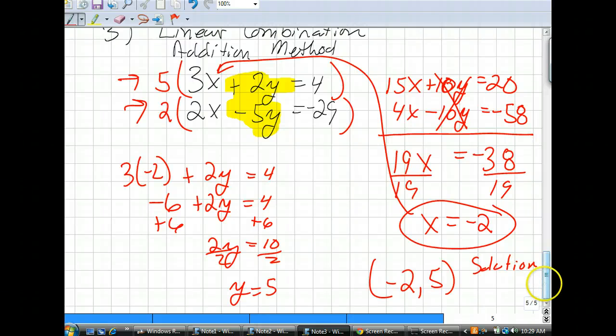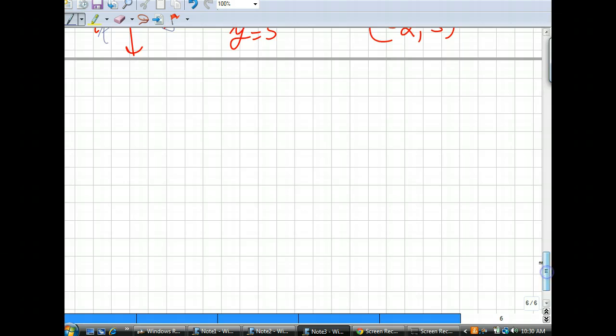So all of these represent the situation where if I graph them, the graphs are going to cross at some point. But remember I said that there's two other things that could happen. So how do you recognize those things?